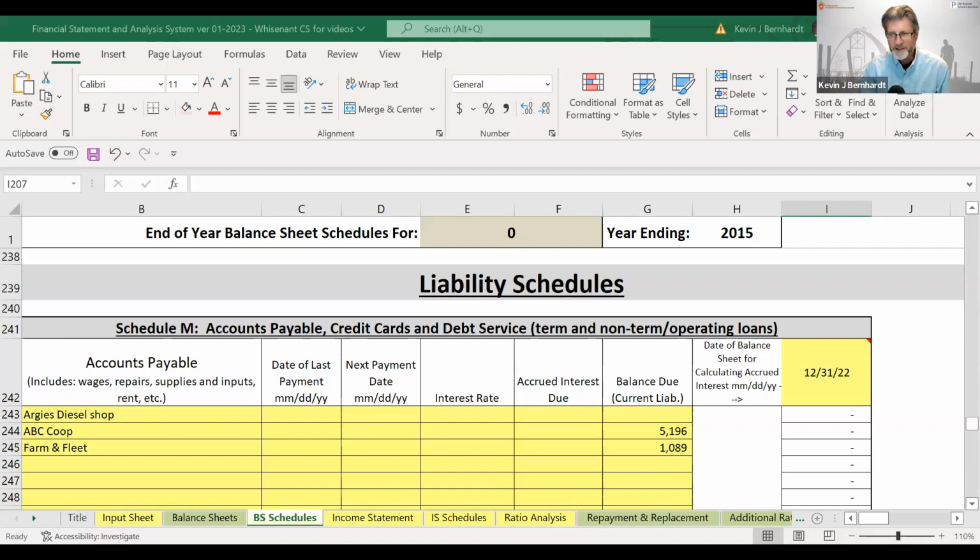Non-current liabilities are really a small category, but it's large in terms of dollar number. It's the loan balances that you have that are due beyond just this next 12 months.